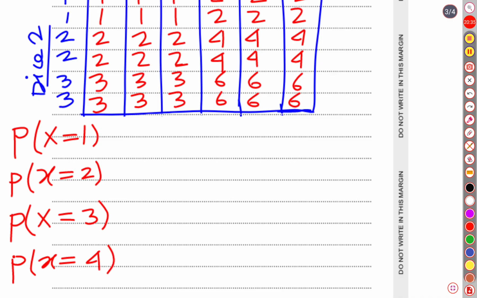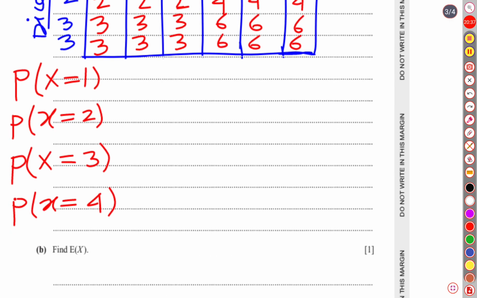The maximum score is 6. The probability when our score is 6, equal to, and so on.